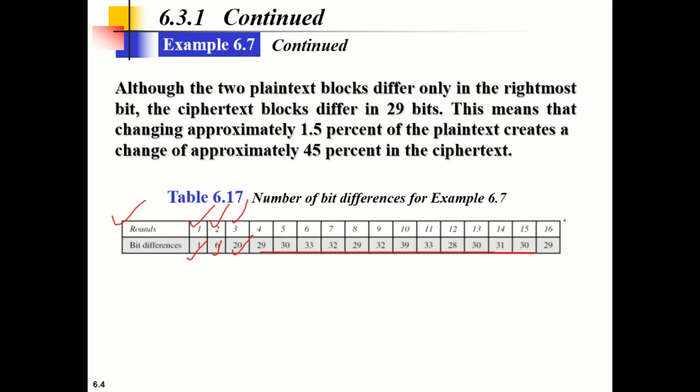At the last round, in the 16th round, in total 29 bits are changed in the ciphertext. If we change one bit in the plain text, changing approximately 1.5% of the plain text creates a change of approximately 45% in the ciphertext. So after 16 rounds, there is a change in 29 bits of the ciphertext.